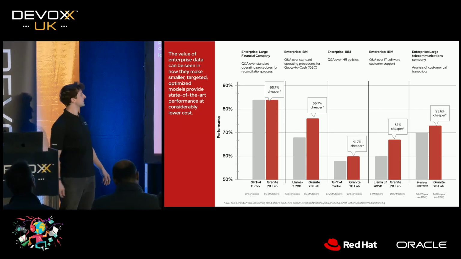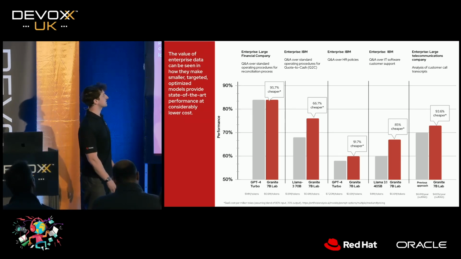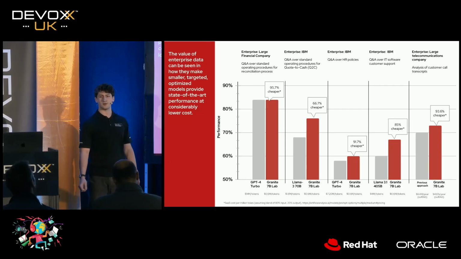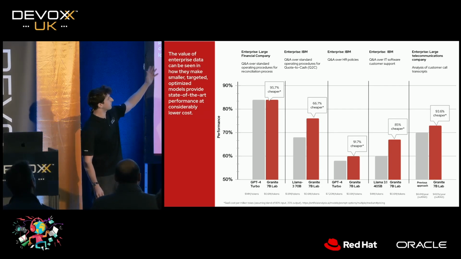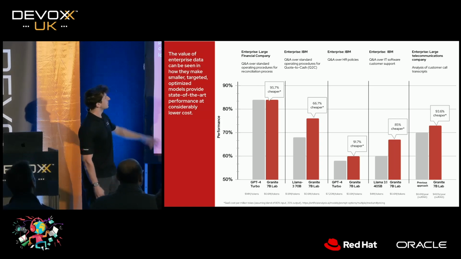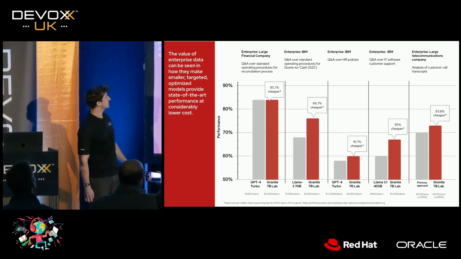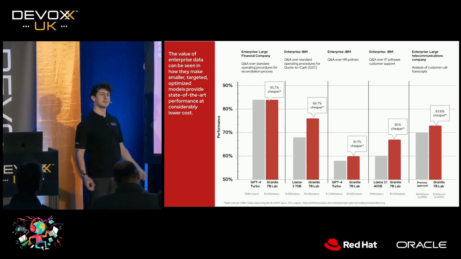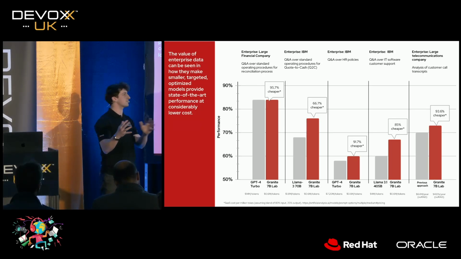But in our own experiments doing fine-tuning, we've actually found that you can considerably lower your cost for a lot of different AI use cases. So question and answer over operating procedures is 96% cheaper than using a standard GPT-4 Turbo, because the model is way too oversized for the task at hand.